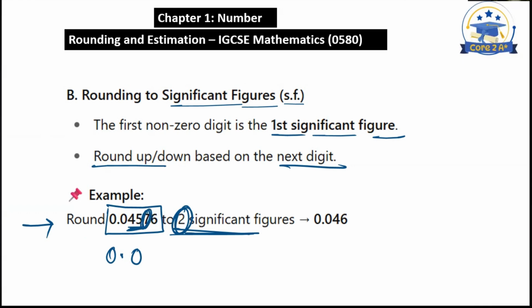And 7 lies between 5 to 9, or you could say 7 is greater than 5. So what do we have to do? We have to add 1 to the number just before it. 0.046, okay? This is your answer in significant figures.